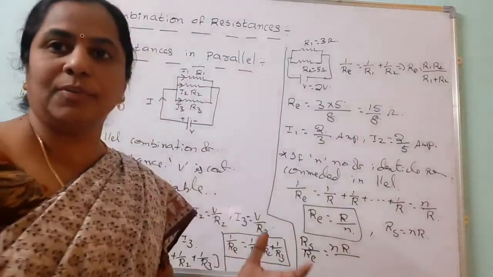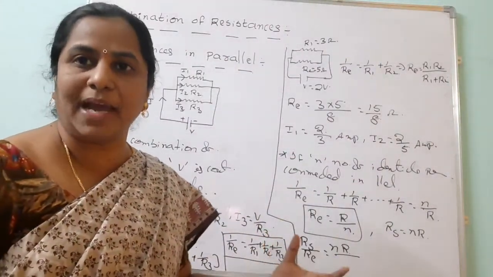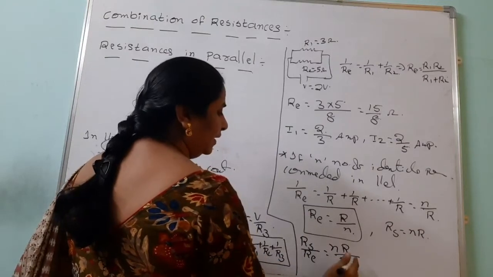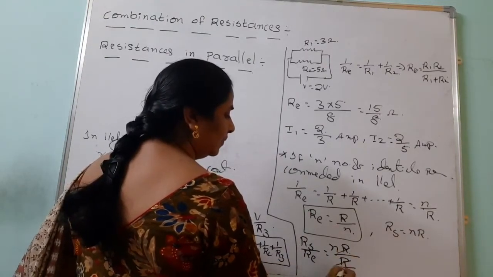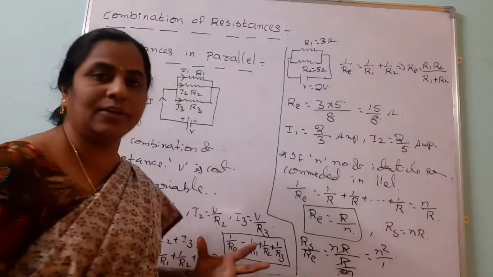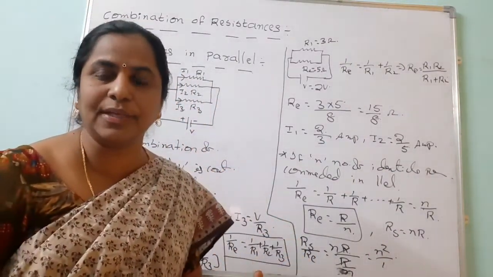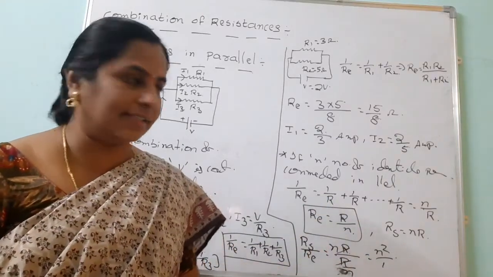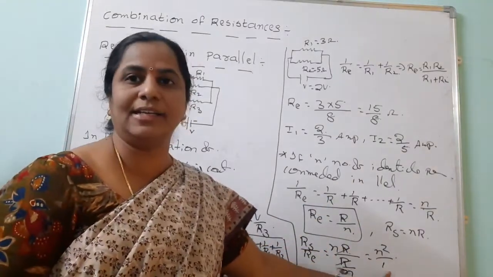Then in parallel combination of resistances, that is R by n. So here R and R cancel, and that value is n square by 1. From this, what you understand is, when we take the division of series and parallel combination of identical resistors, you get n square.